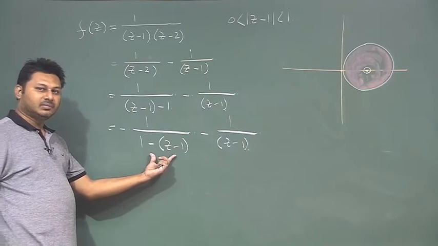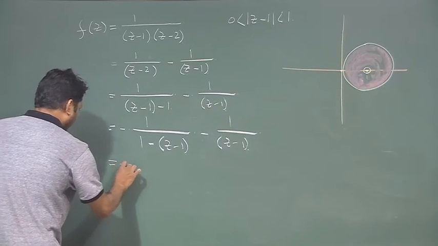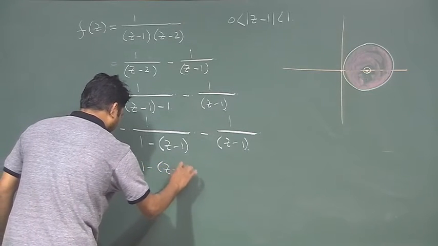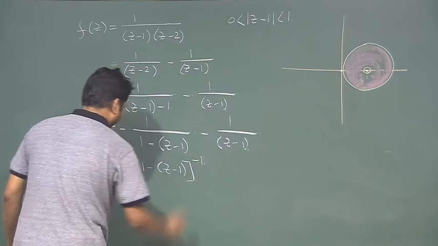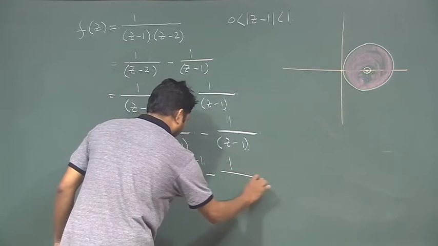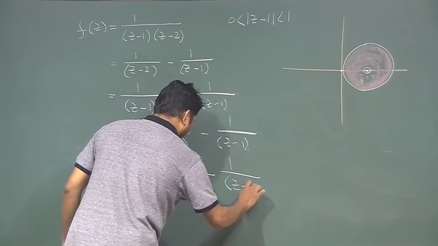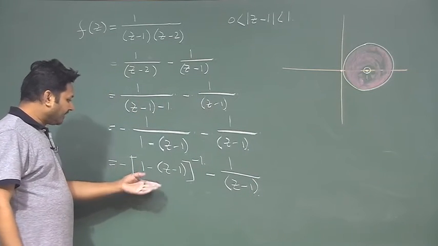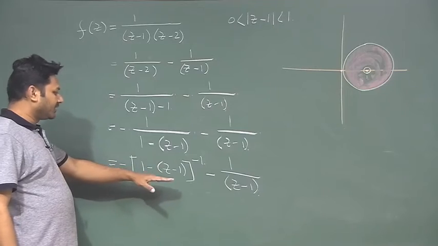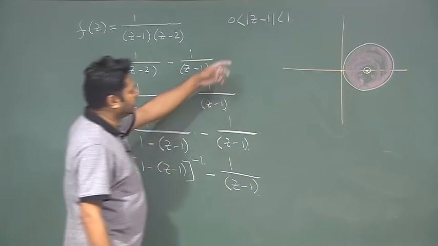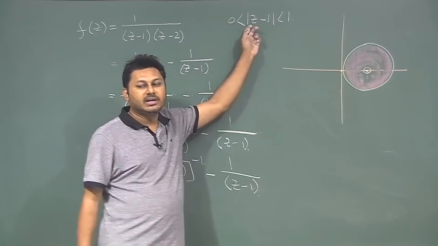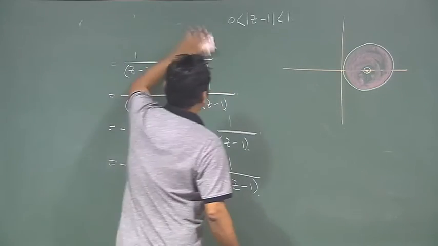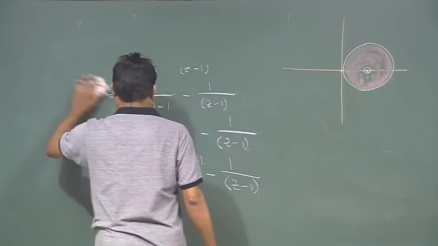I can expand whatever the function is in my hand, which is minus 1 minus z minus 1 minus this. Now once I have this, I am allowed to expand it, because z minus 1 is less than 1. This is the condition I already have, and now I can expand this function, and it will be something like this.